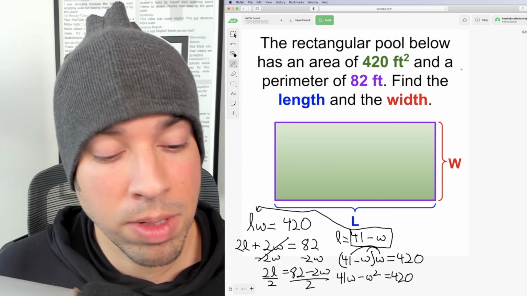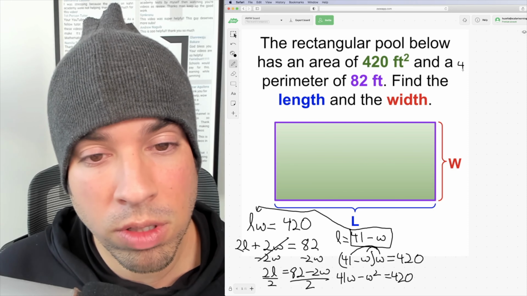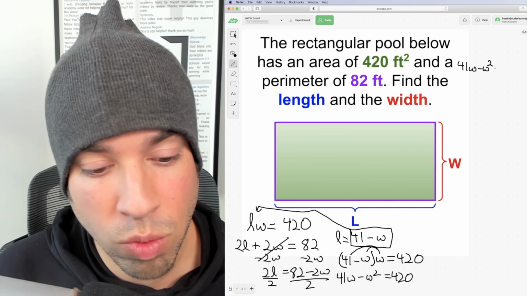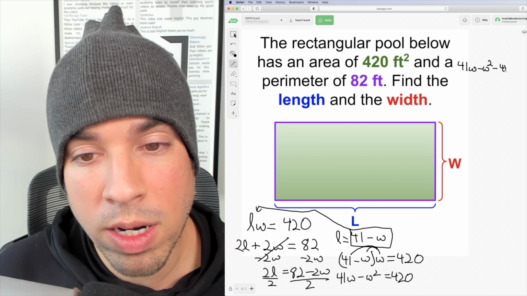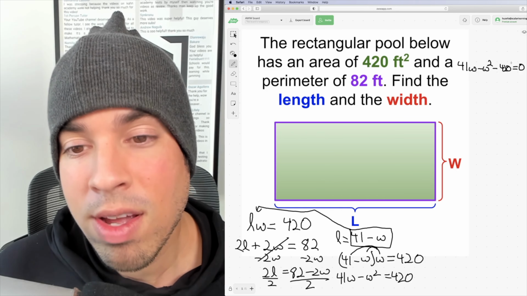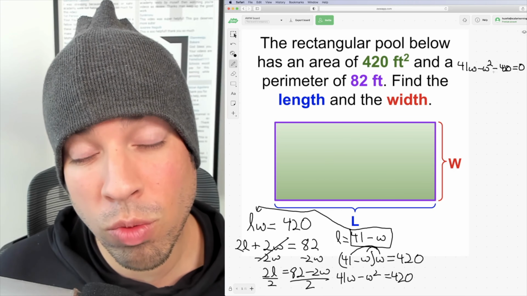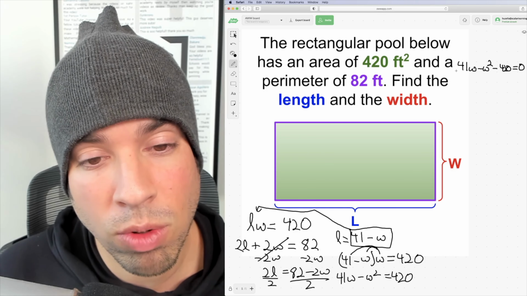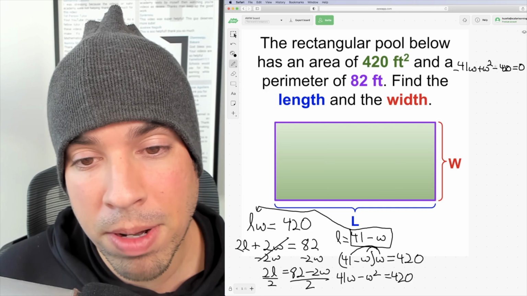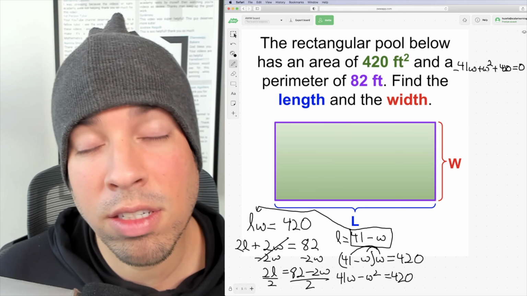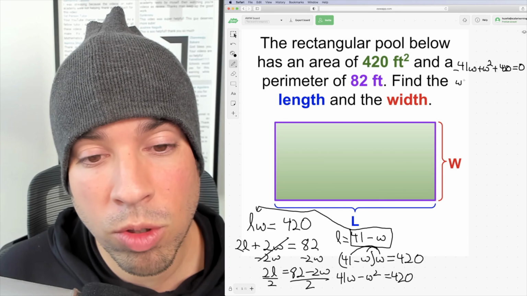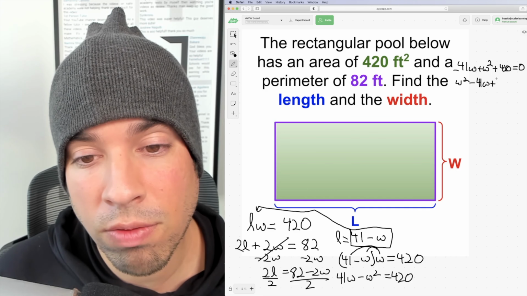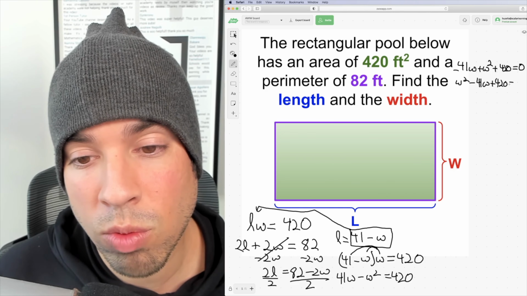So I'm going to subtract 420 from both sides first and foremost, so I've got 41W minus W squared minus 420 equals 0. Next, I usually like my W squared value to be positive, so I'm going to multiply everything by -1. So negative, positive, positive. Next, I'm going to reorganize this to put the W squared first, so I'm going to have W squared minus 41W plus 420 equals 0.